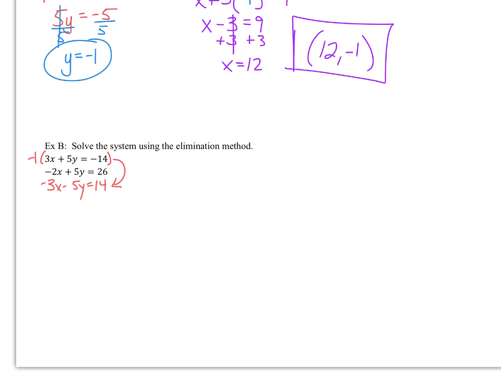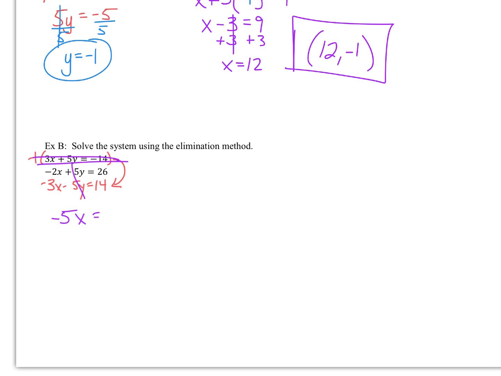So now I'm going to take my new equation and that bottom equation. I'm done with the old one, right? So I add straight down. The y's go away though, right?